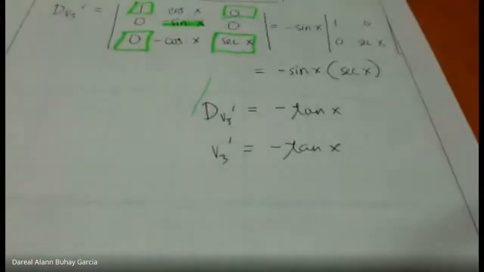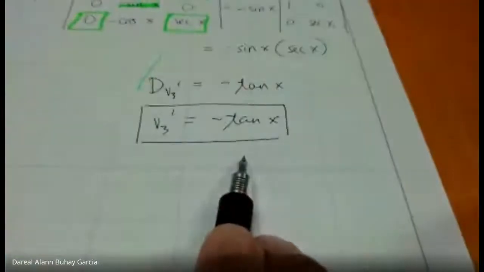So v3 prime is negative tangent x. So tutog pa integrate kani kana o kani secant x.